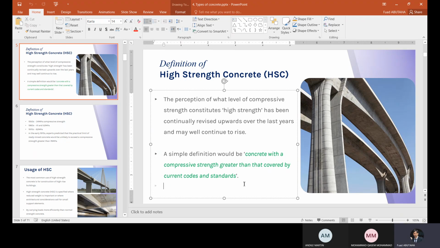If you want to design high strength concrete, the first step is to minimize, or reduce, the water to cement ratio. The reduction in the water content of the concrete can significantly increase its compressive strength.